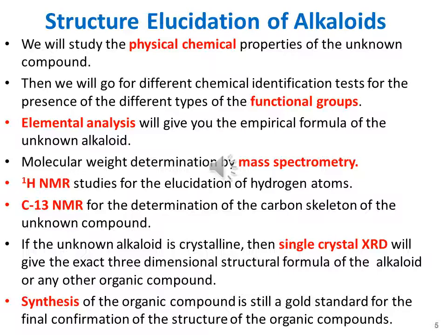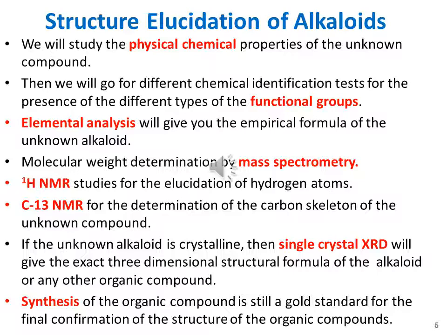If the unknown alkaloid is crystalline, then you will go for the single crystal XRD, which will give you the exact three-dimensional structural formula of the alkaloid or any other organic compound. In the old days, synthesis of the organic compound was performed as the final step for the structural elucidation of the unknown alkaloids, but this technique is still a gold standard for the final confirmation of the structure of any organic compound.